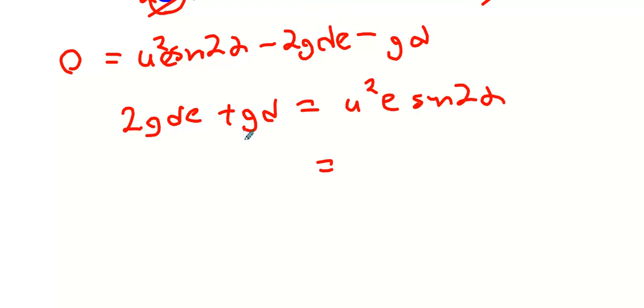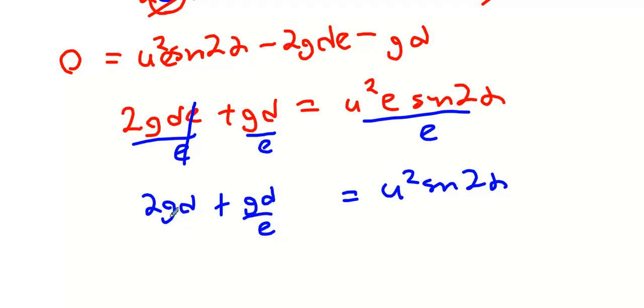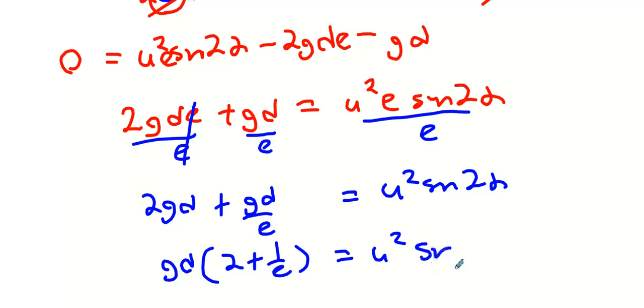Once I divide both sides by e, what do we get? So I have u squared sine 2 alpha on this side and on the other side, what do you think? Cancel. It's 2gd plus gd over e. Going to factorize out gd. gd times 2 plus 1 over e equals u squared sine 2a.